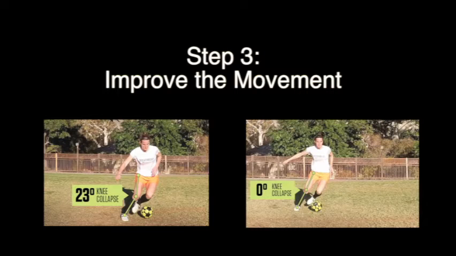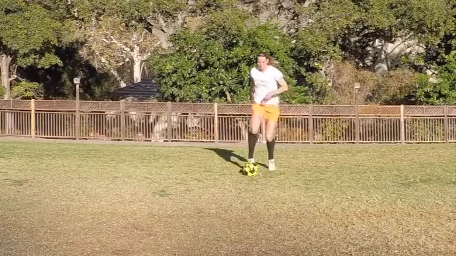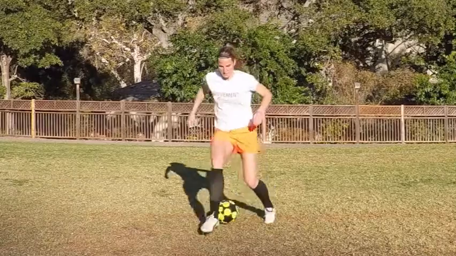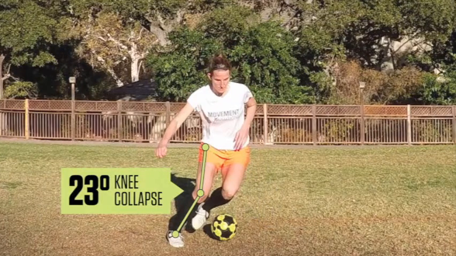Step 3, improve the movement. Coaches, this is after you've given the correct exercises to each individual player. Well, what else can you do? Here, like we saw before, this player's knee is diving inwards. So other than the corrective exercises, the very best ones for the knee diving inwards, what else can we do?